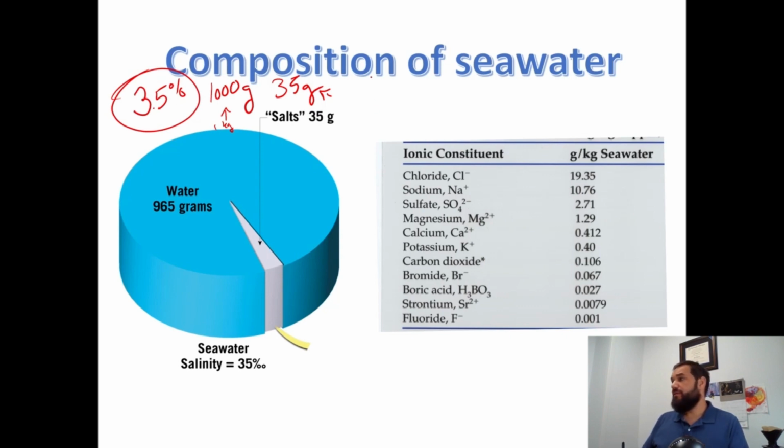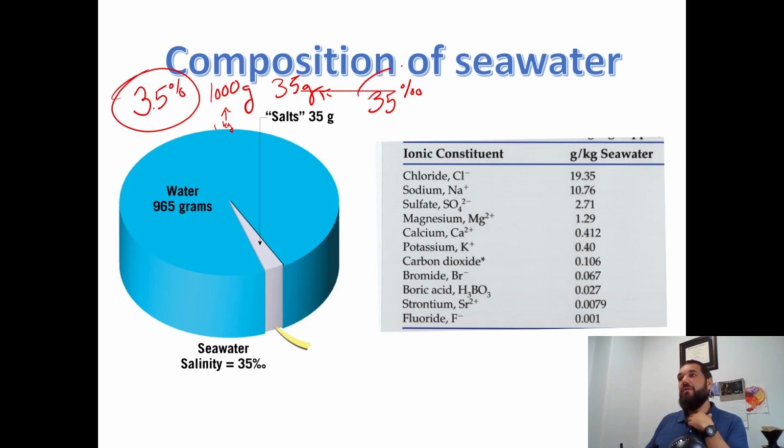Yet another way of saying that is this kind of weird way that you'll see throughout this lecture. In fact, you see it on this slide. It's 35, and it has a weird symbol that looks like this, 35 per mil. You know that percent means per 100 units. Per mil means per 1,000 units.